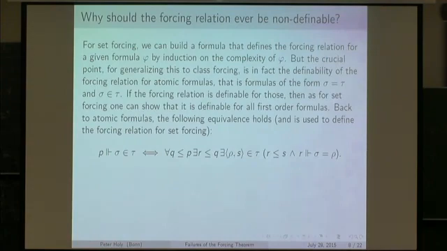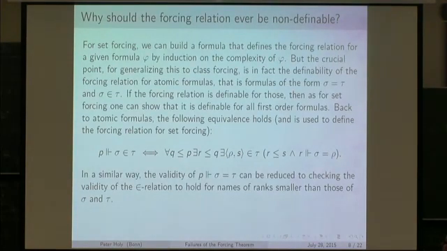We say that the condition p forces that the name sigma is an element of tau if and only if there's a dense set of conditions forcing some equality below names sigma and rho, where rho is a name which is of smaller rank than tau. And then for equality, we have a similar definition, and then you get an inductive definition on the ranks.